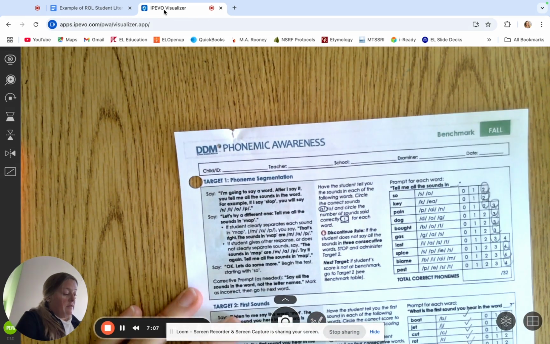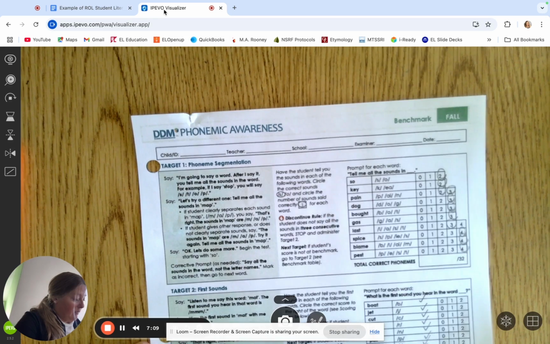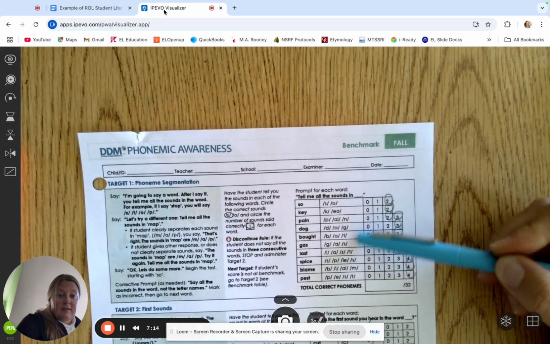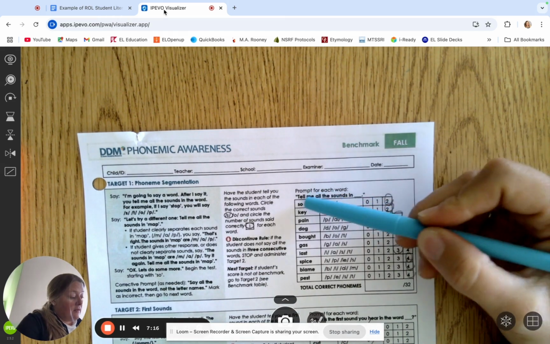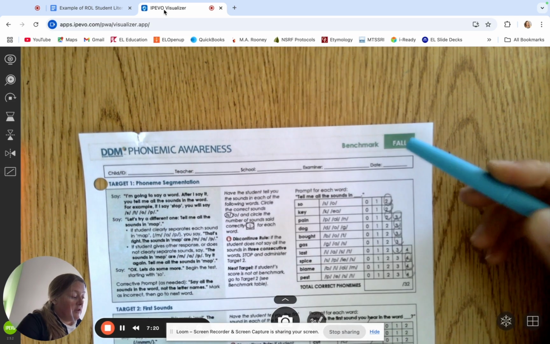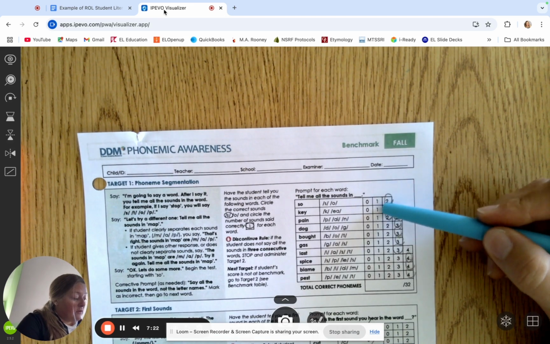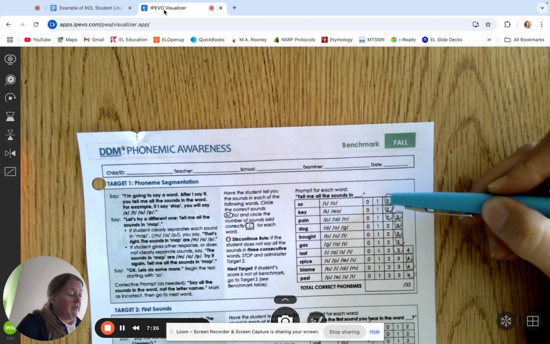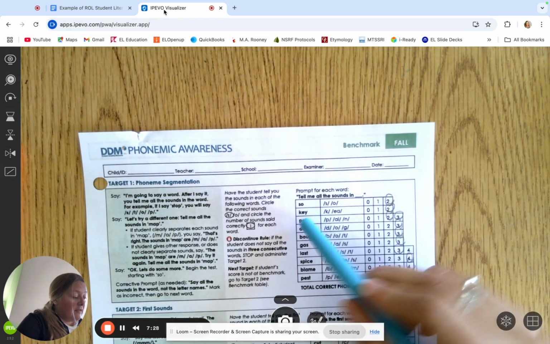Final assessment here for phonemic awareness was looking at if the student could isolate each sound. So they were given these words, so, key, pain, dog, bought, and they had to give the sounds in each one. And then I circled the amount. So has 2 sounds. The student was able to tell me so. Key has 2 sounds.